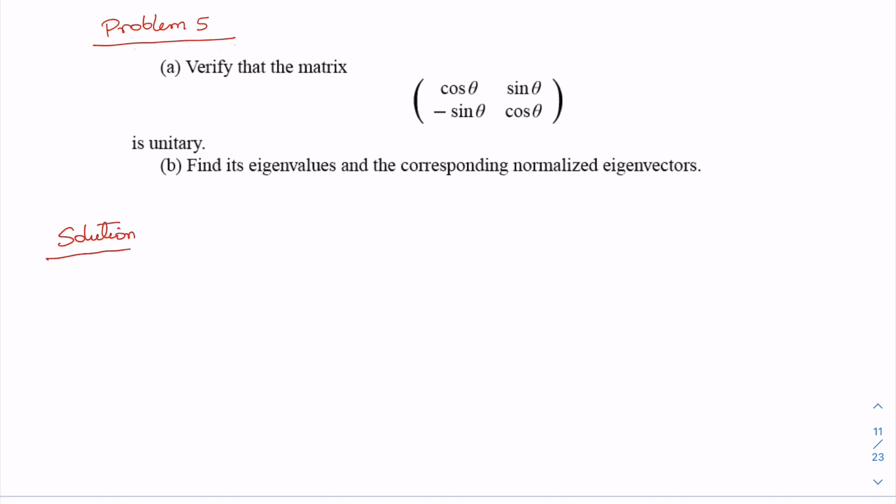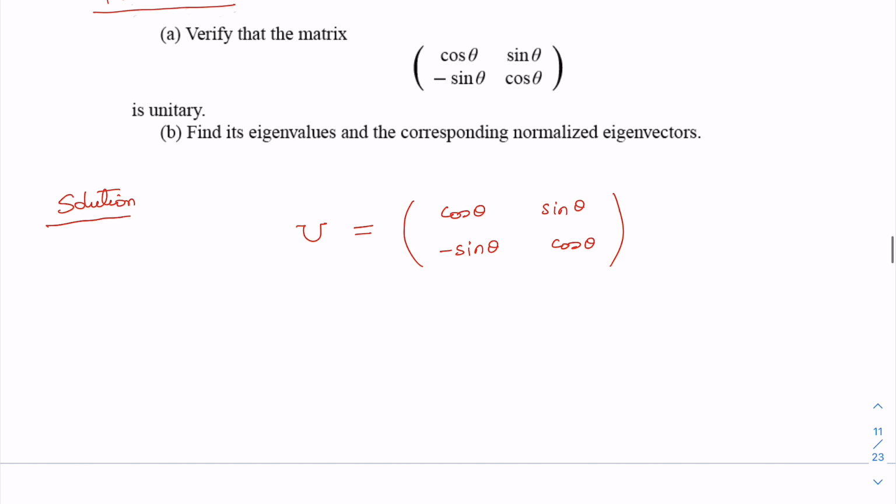Let me name this matrix U. U is equal to cos theta, sin theta, minus sin theta, cos theta. To show that this is unitary, we have to show that the inverse of the matrix is equal to its Hermitian conjugate, that is U dagger.